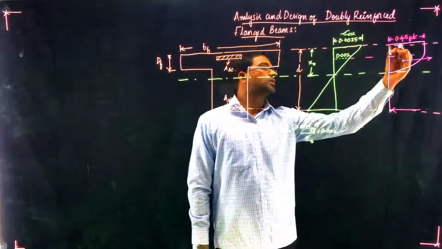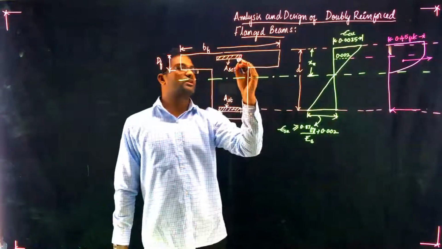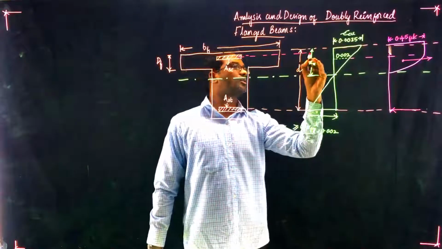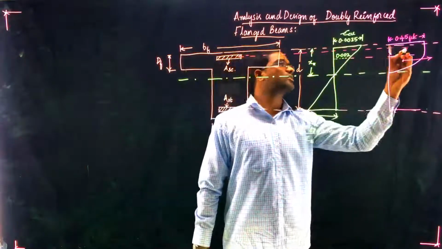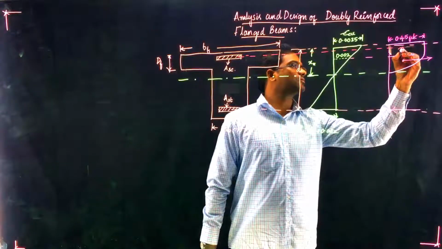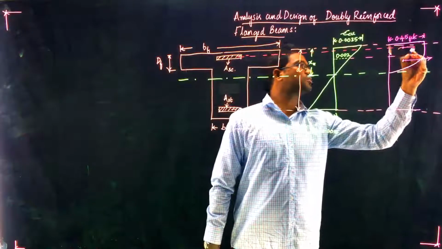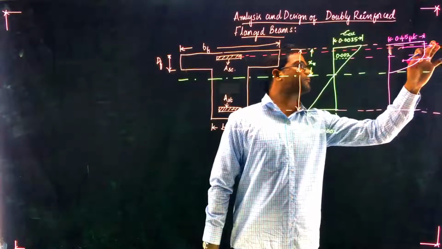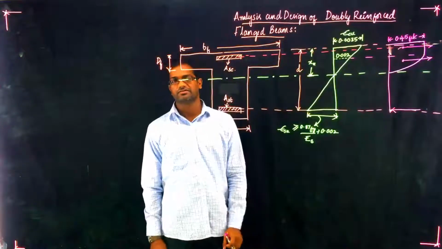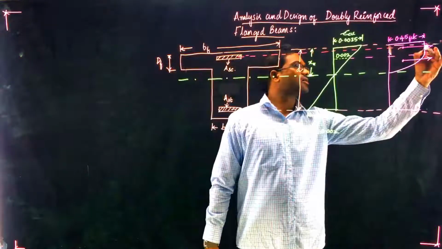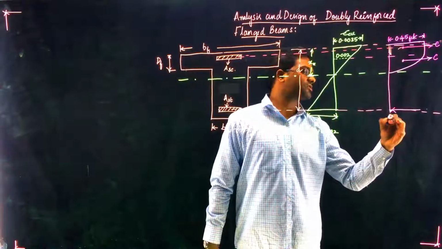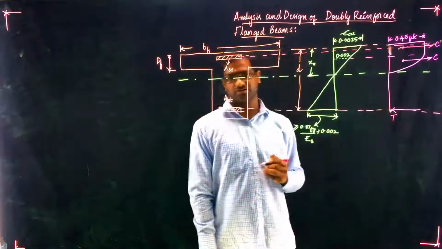Now, because the steel is there, we also have another force which is coming from steel. So let me take this as the center point of it. The force which is coming from the material which is in compression, right? So this is compression force, this is compression force, this is tensile force.